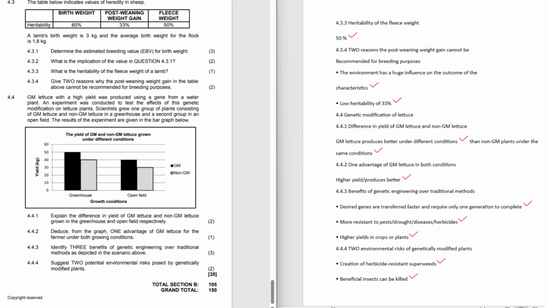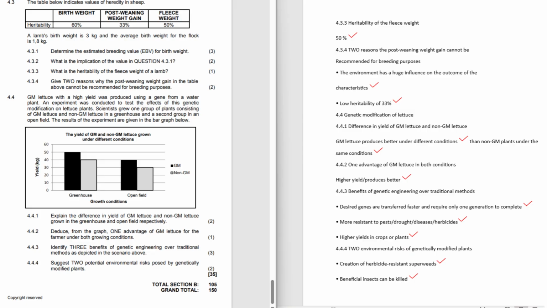4.4.4: Suggest 2 potential environmental risks posed by genetically modified plants. The creation of weeds. It can kill beneficial insects, disrupting the food chain.